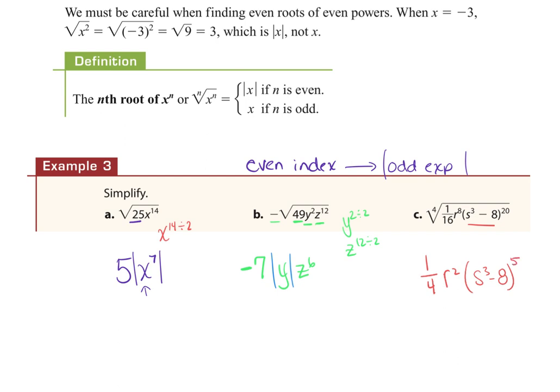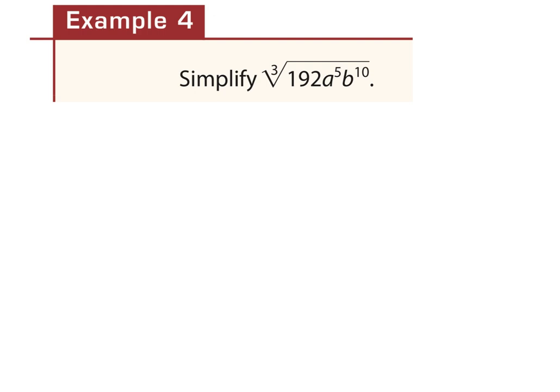Again, the r will never be negative because I'm going to square it. This is to an odd power. This could be negative in here to an odd power. Since my original root was even, I need to do absolute value around my odd power. All right? This is one that you're not naturally going to know the root for. First of all, we're taking the 3rd root, which means I don't have to worry about absolute values at all.